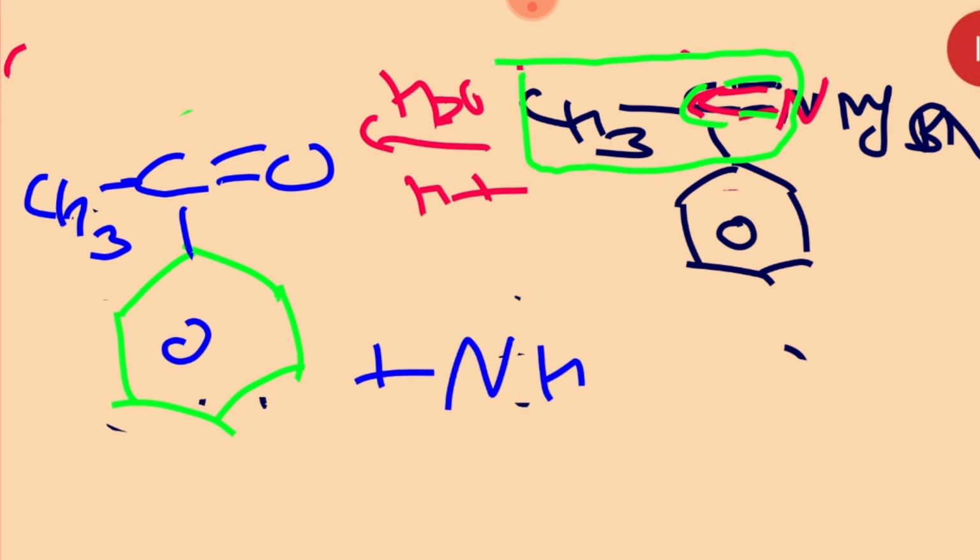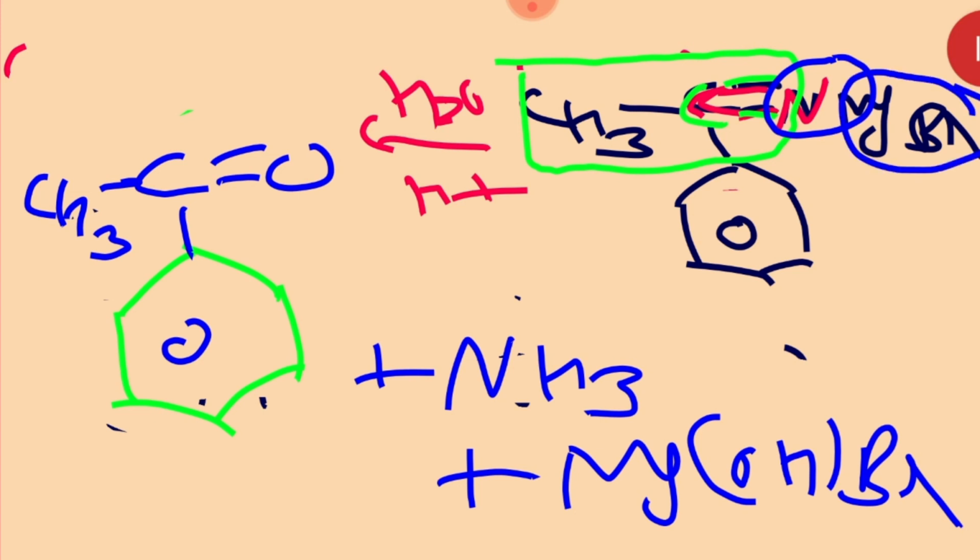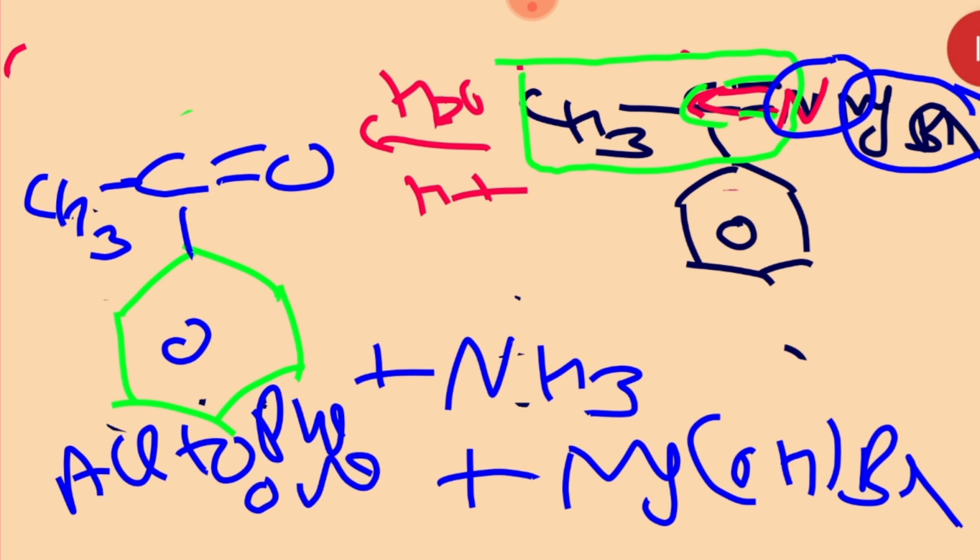Ammonia, NH3 plus MgOH Br. One nitrogen is here, then one MgOH Br we have prepared. This is called acetophenone. What do you call it? Acetophenone. Clear? Yes or no?